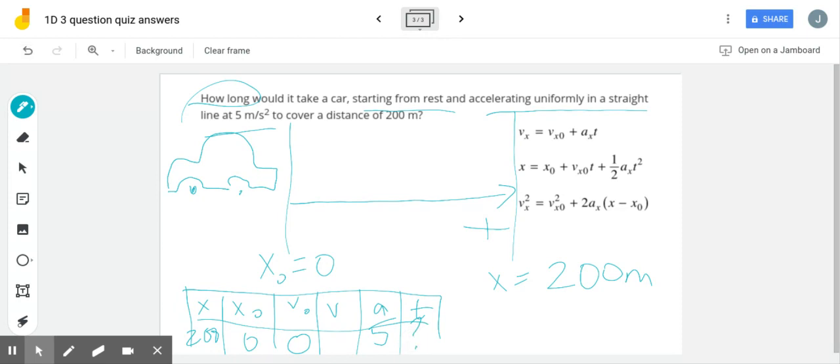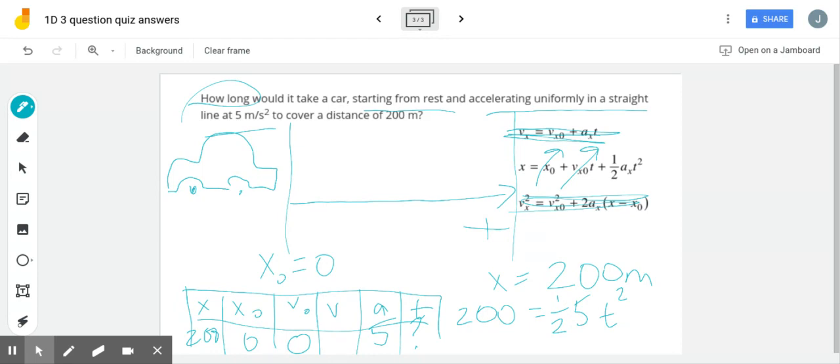All right, so let's get it. We're going to eliminate any formulas that include v in them. So see you later top one, see you later bottom one, and we're going to use the middle one. So we've got x, which is 200, equals x naught, which is 0, plus v naught t, v naught is 0. So it's just 1/2 a t squared. So a is 5, 1/2 times 5 t squared.